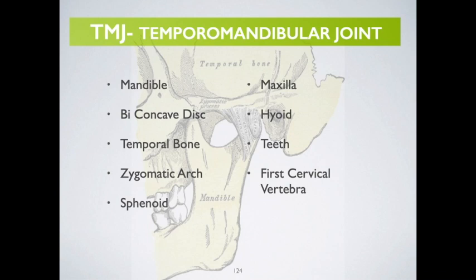Sphenoid, of course, is involved. Maxilla, the hyoid, the teeth, and the first cervical vertebrae. Of course, any of the vertebrae can be involved, but the lateral mass of the first cervical is located almost up against the back side of the TMJ, back and posterior.